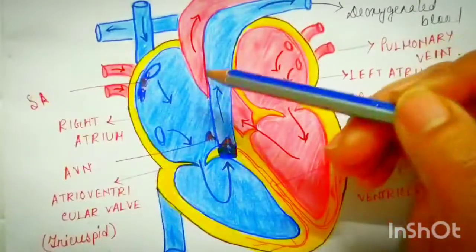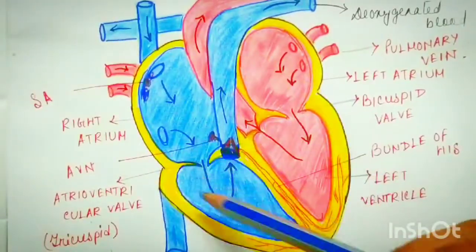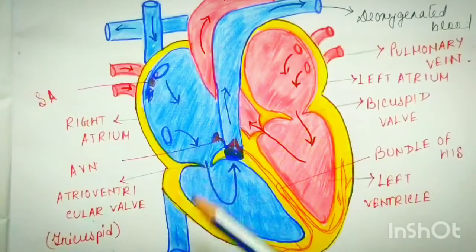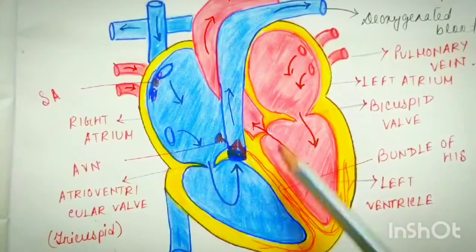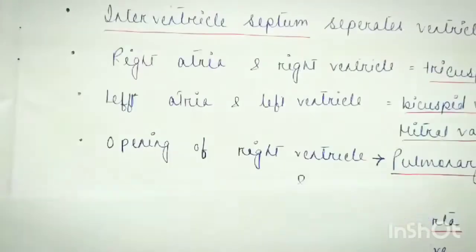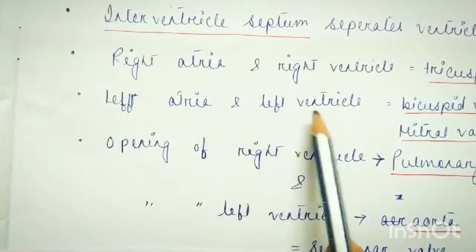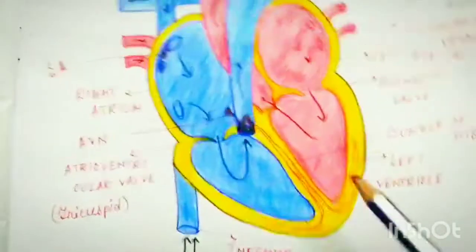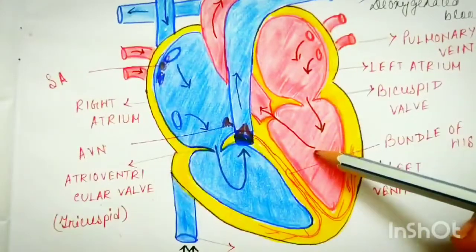And always remember that in the heart the blood flow is unidirectional, means blood can flow in one direction only, a one-way direction. Next, the left atrium and the left ventricle have the bicuspid valve or mitral valve. It means this is the left atrium and left ventricle.